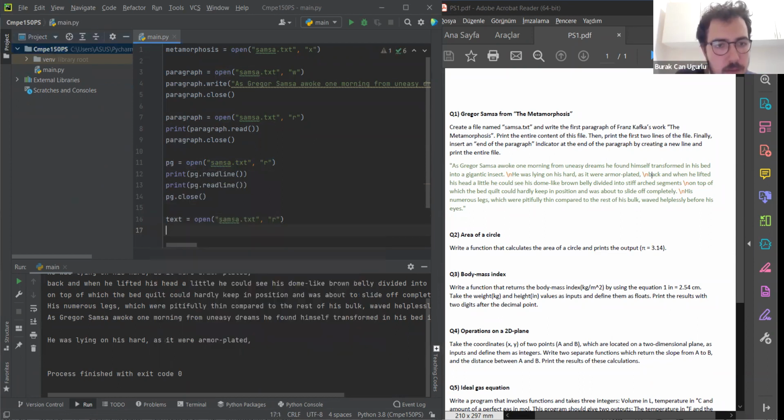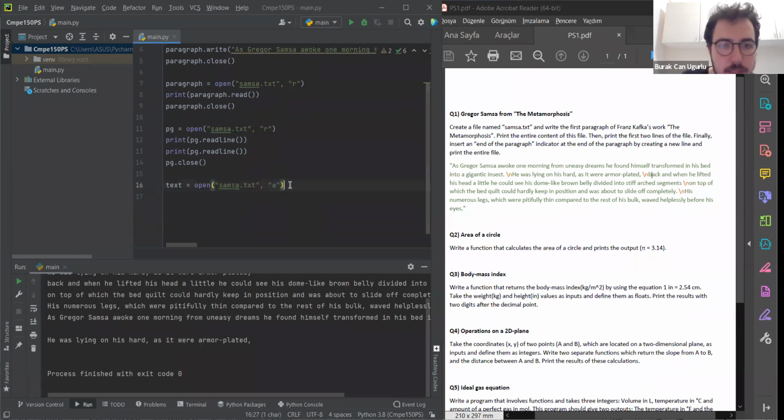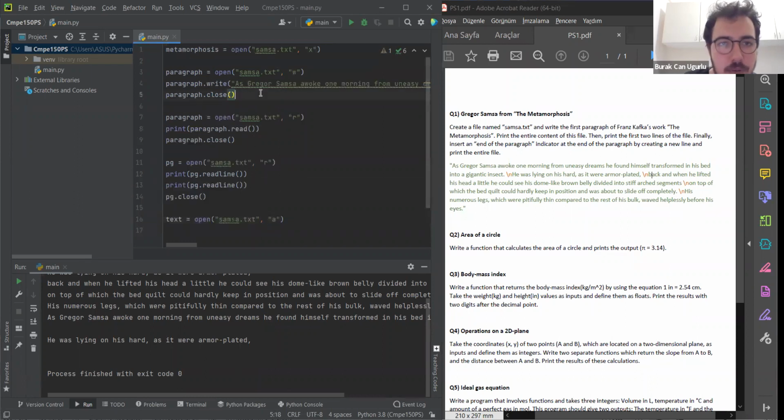I'm writing A to append something at the end of this file. If I write W here, it overwrites, it deletes the things we have written above on the lines between 3 and 5. But I don't want this. I only want an indicator that we have read all the paragraph, and it's the end of it.